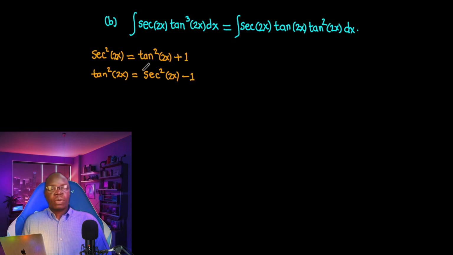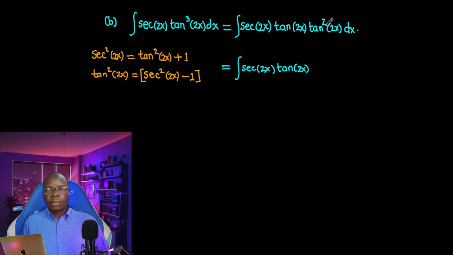Now for that, we can use this one to replace our tangent from here. So let's go ahead and do that immediately. So the integral of course, we need to write the first two ratios of secant 2x times tangent of the same angle 2x. Now this time our tangent is being replaced with secant.